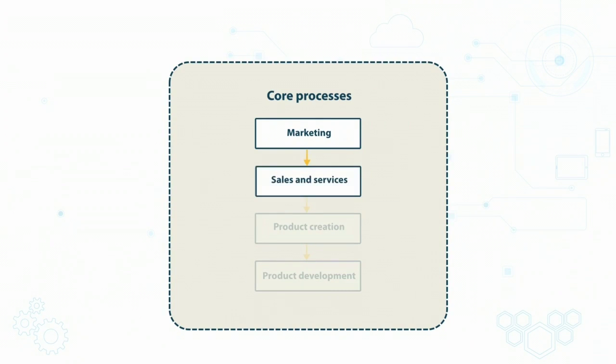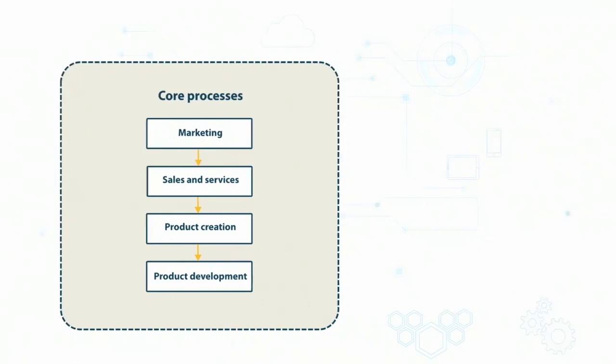Sales and service processes are associated with identifying, attracting, and building relationships with external customers and facilitating the placement of orders. Product creation processes are associated with procuring materials from suppliers and producing the products or services. And product development processes are associated with creating new designs, conducting research and development, and supporting the manufacturing processes.